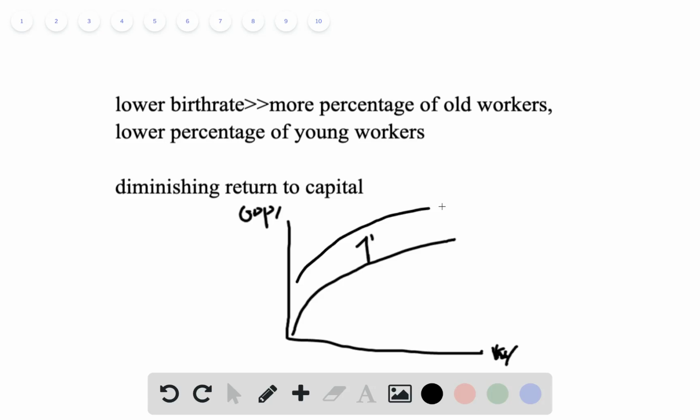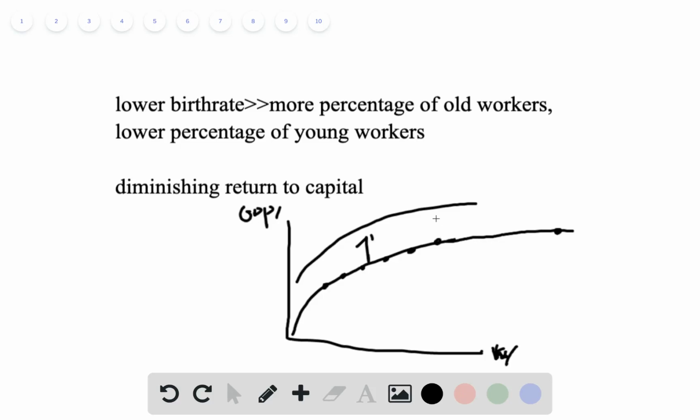Only if we shift up the curve can we get a real GDP increase in the long run. So if we only invest more and more capital, the economy is just moving along this curve. And with diminishing returns to capital, even if we invest a huge amount of capital, real GDP growth is actually pretty low in the long run.